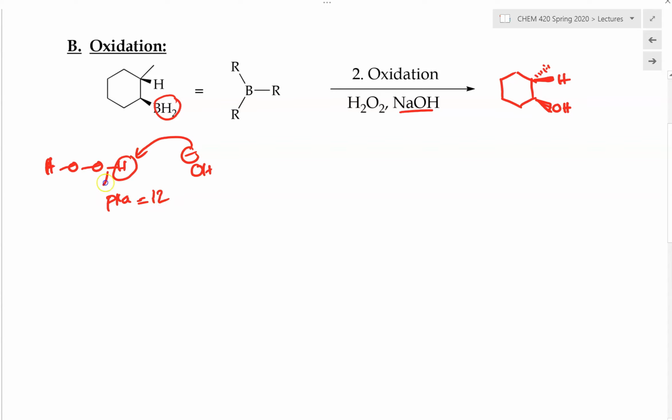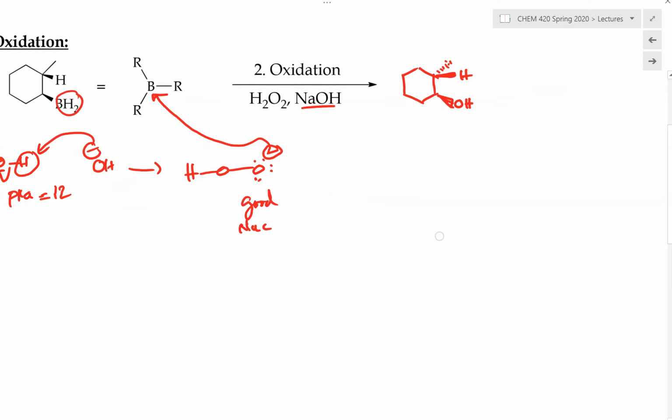So it picks up that proton and converts this into this product. And once we have produced this product, this will now become a good nucleophile. And that will then come in and react with our boron, come in and attack the boron again, producing this product.